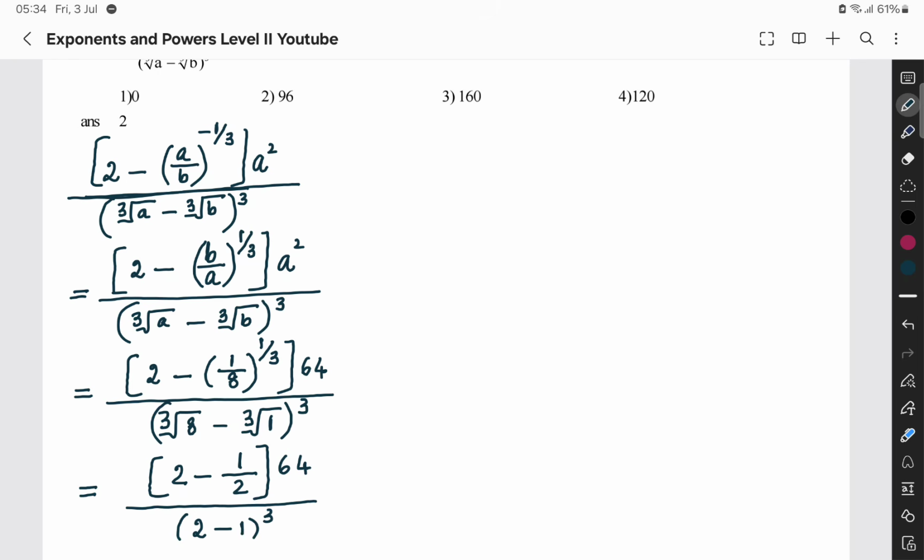So you can write 2 minus 1 by 2 into 64 by 1 cube. So 2 minus 1 will become 1. So it is 1 cube. So if you multiply this, 2 into 64, 128 minus 1 by 2 into 64, that becomes 32. So which is equal to 96. So the option is 2.